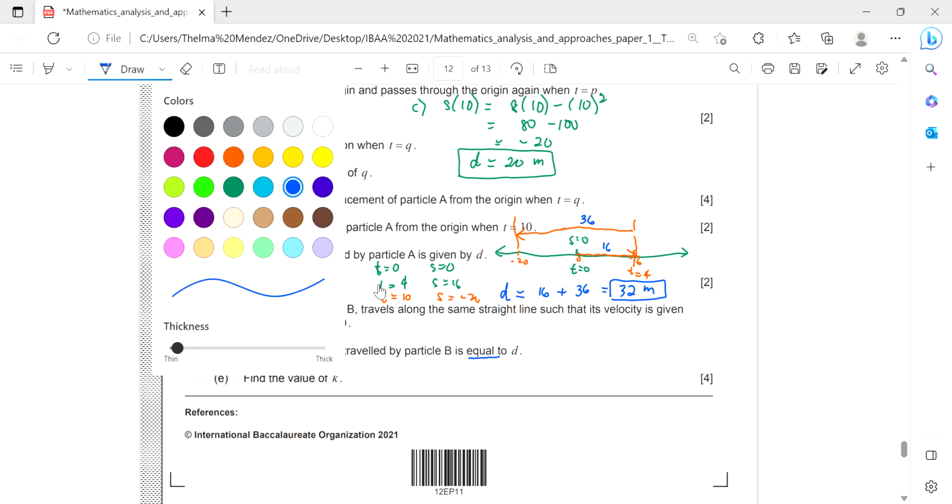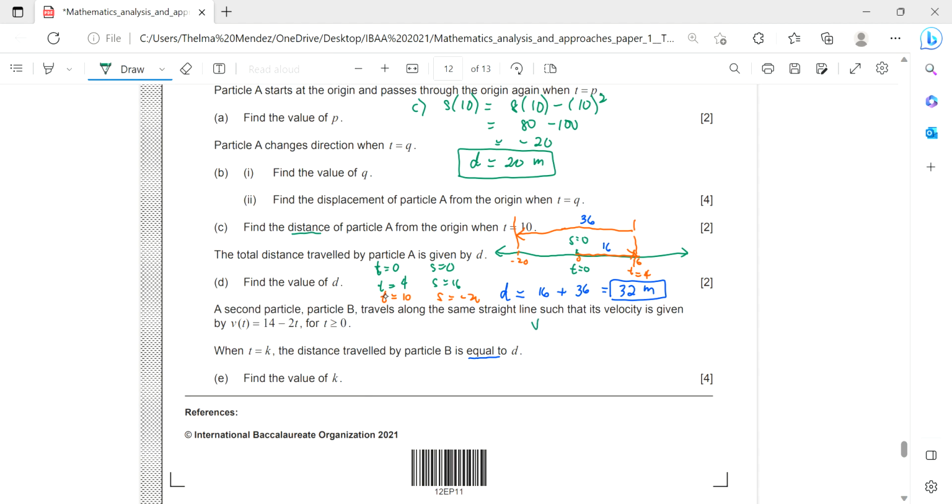So for particle B, v of t, when it equates to 0, we will know where it changes direction. So we have here 2t minus 14 equals 0.